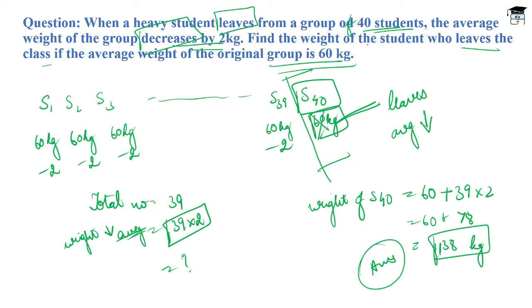It was 60, so it would be 60 plus 39 into 2. Solving it in seconds, right? This is just to clear your basics, to tell you what concept we are using, and then you can just solve it in seconds in your mind.